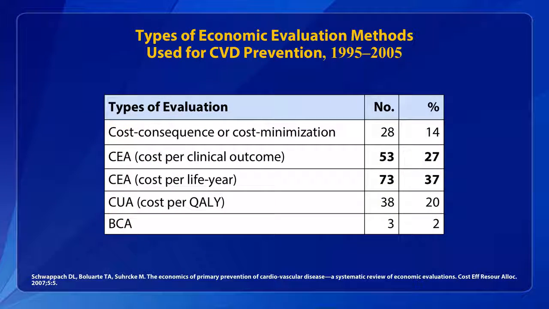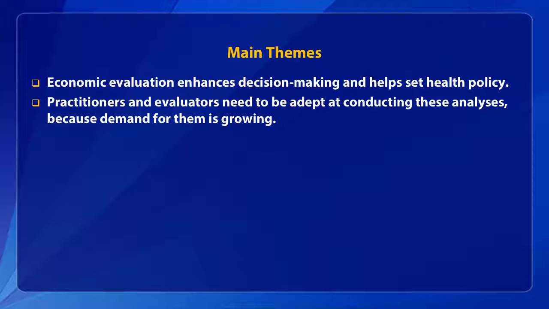This table shows the numbers and percentages of 5 types of economic evaluation in cardiovascular research between 1995 and 2005 from a total of 195 studies, as determined by Schwapatch and colleagues. Economic evaluation is often used to inform decisions about health policy. Increasing demand for economic evaluation requires that practitioners and evaluators have a firm grasp of the principles involved.